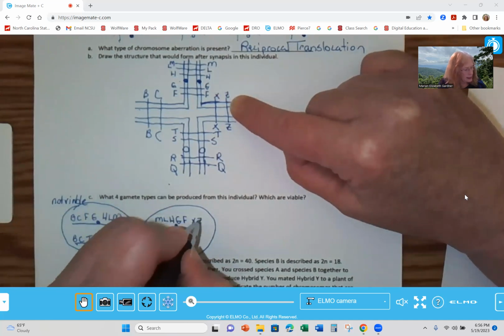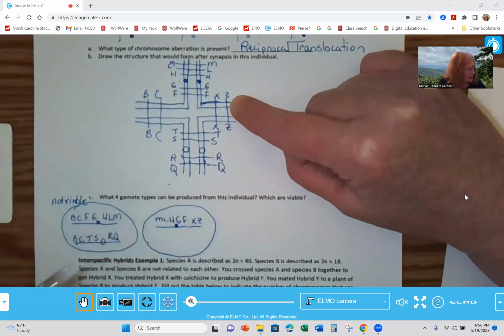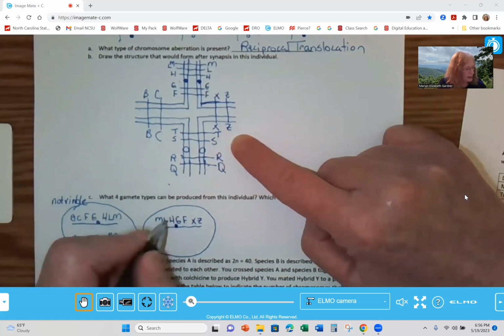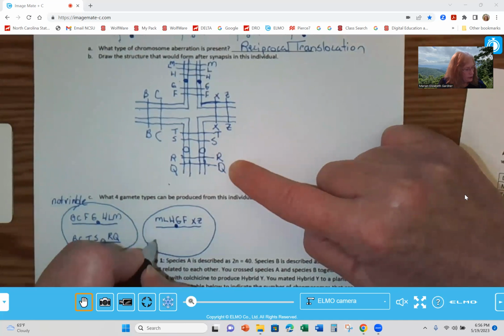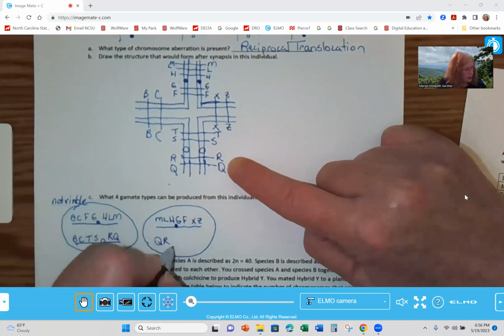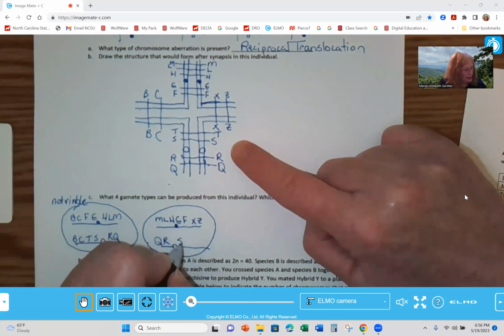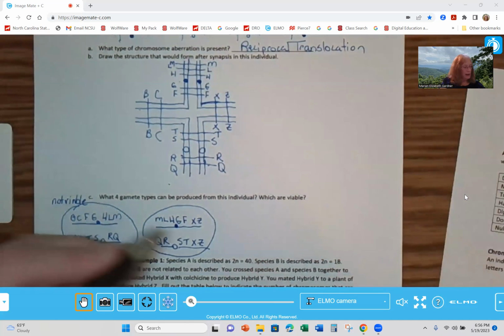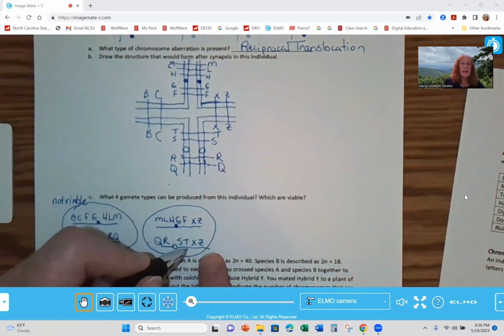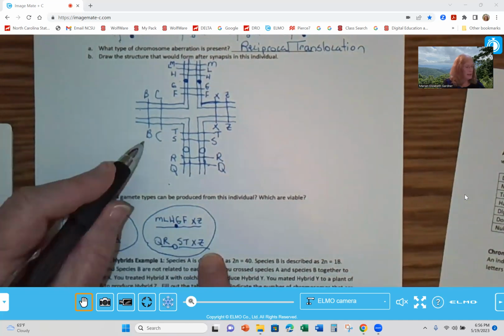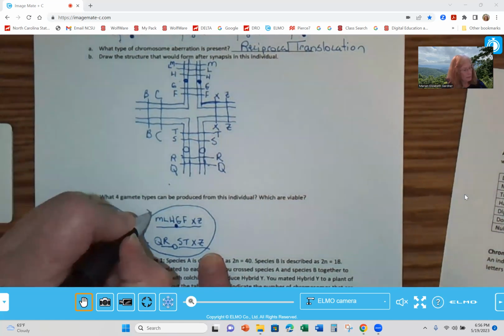X, Z. There we go. And the other one is Q, R, open centromere, S, T, X, Z. And again, two copies of XZ, and it's missing the BC. So this is not viable.